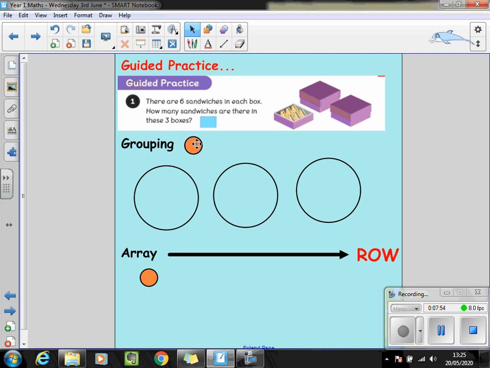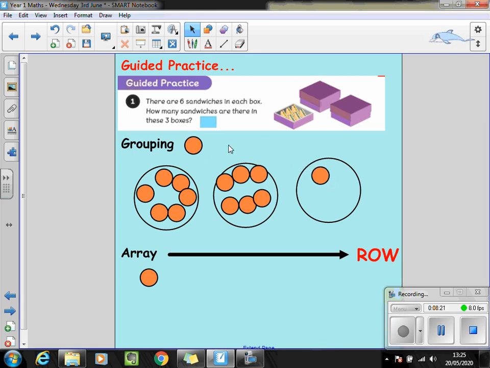So I know there are 6 sandwiches in each box, and I know there are 3 boxes. So here's our 6 sandwiches in our first box. 1, 2, 3, 4, 5, 6. My second box also has 6 sandwiches. 3, 4, 5, 6.